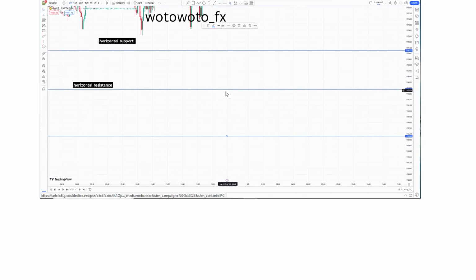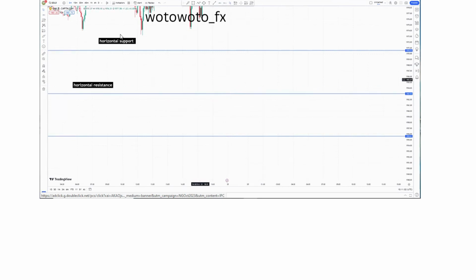So now this is horizontal support. Let's call it horizontal support level.